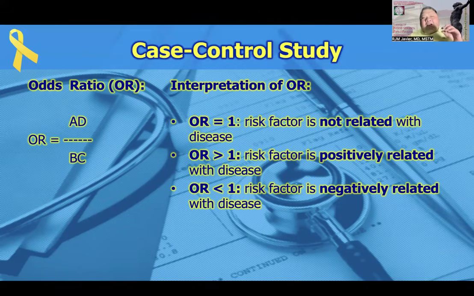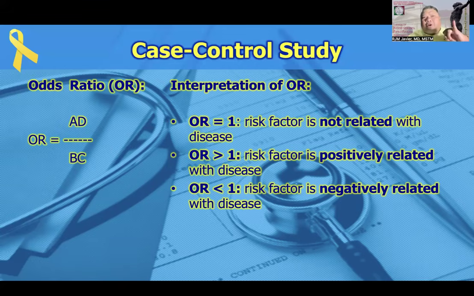If you compare your odds ratio with the measure of relationship, let's say in a correlational ecologic study, remember, let's go back to our previous lesson. In a correlational study, the main measure of relationship would be your Spearman's rho or your Pearson's r.